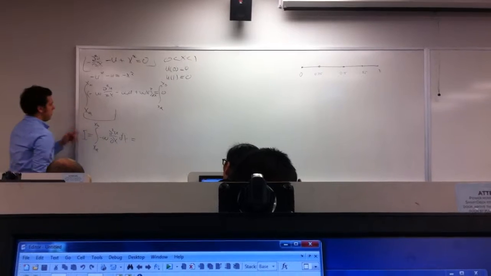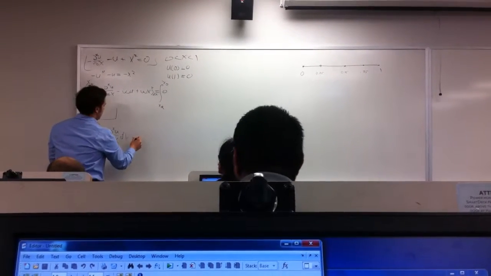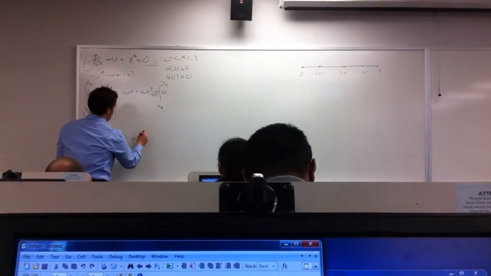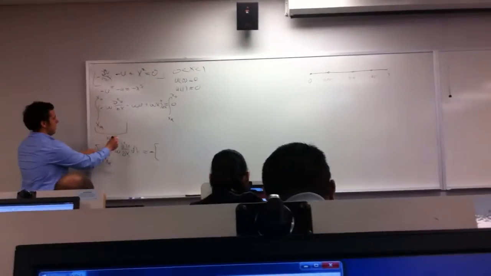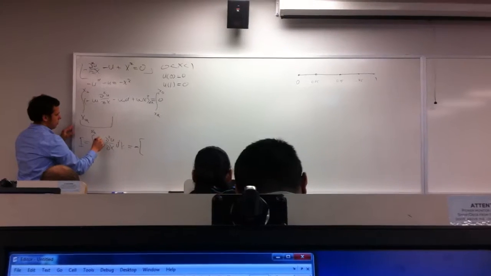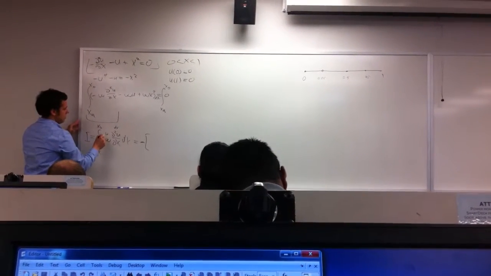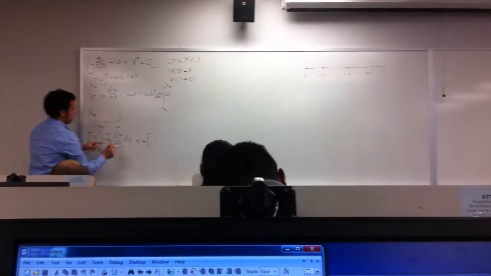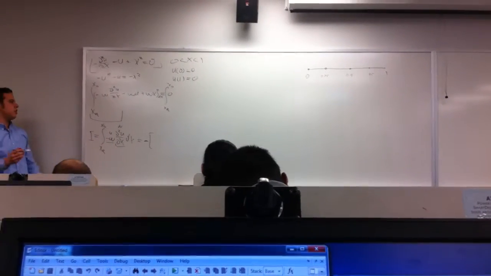So pull out the negative sign. Let this be u, let this be dv. So this is my u, this is my dv.